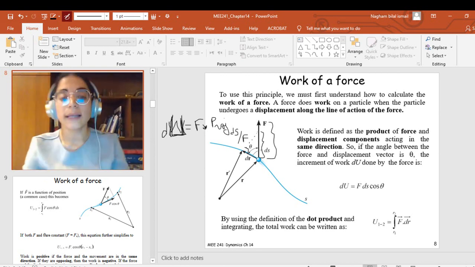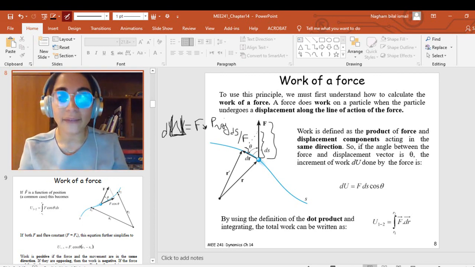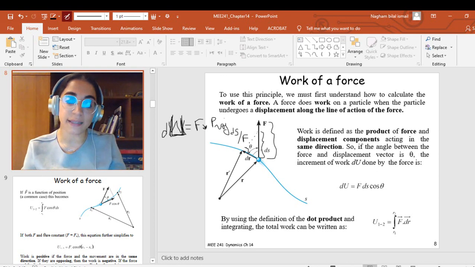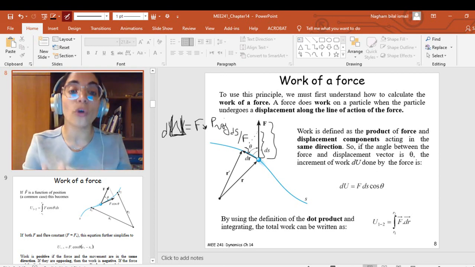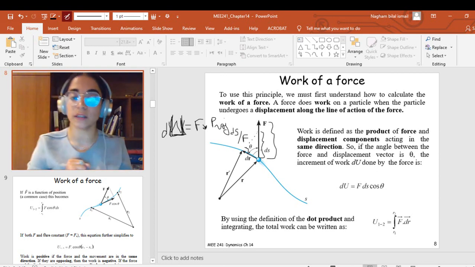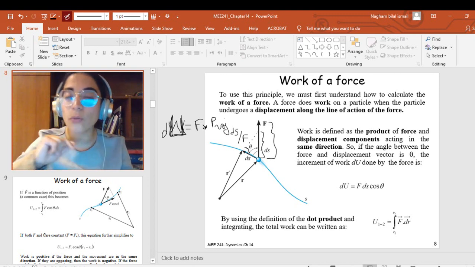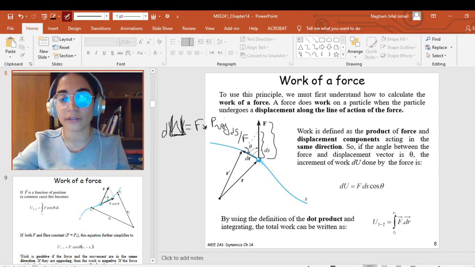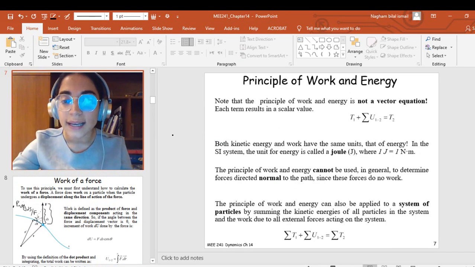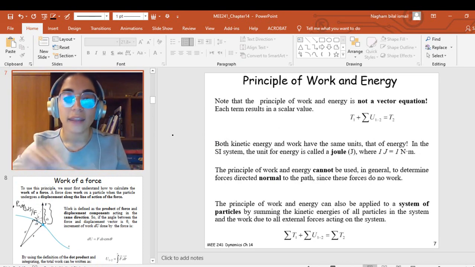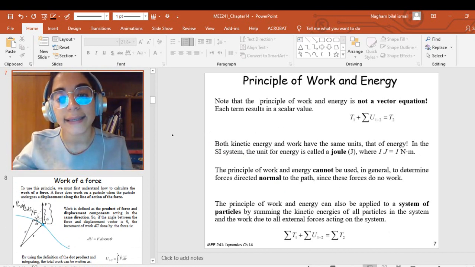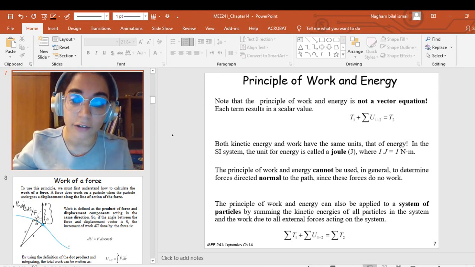So du is equal to F times the projection of ds, the displacement, on the force F. This is du. And that's why it is a scalar value. That's why, guys, I said in the slide that the principle of work and energy equation is not a vector equation. Instead, it is a scalar equation.